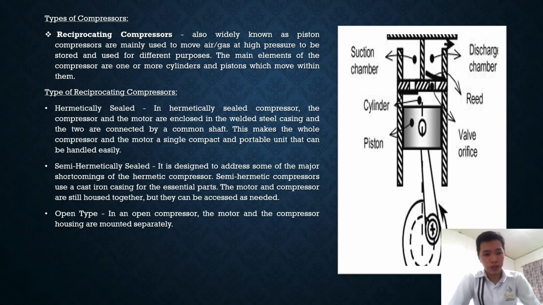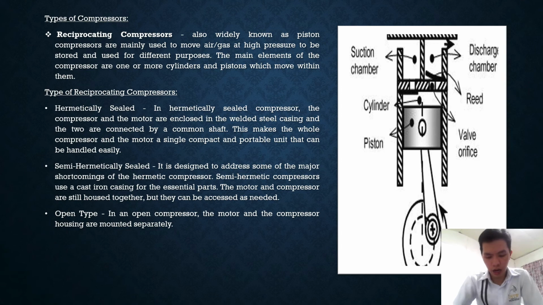So next one is the semi-hermetically sealed compressor. It is designed to address some of the major shortcomings of the hermetic compressor. Semi-hermetic compressors use a cast iron casing for the essential part. The motor and compressor are still housed together, but they can be accessed as needed.